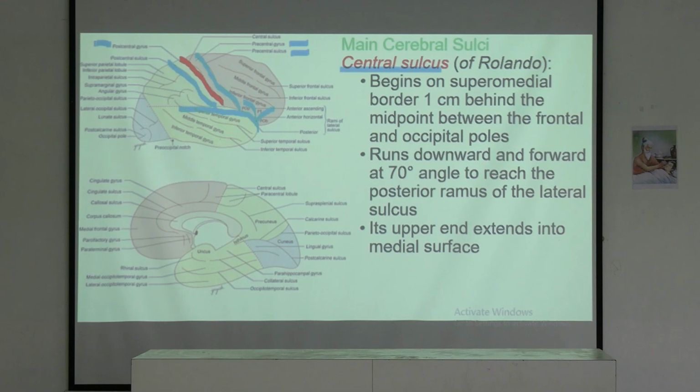Now this pre-central gyrus is related to the motor activity, and post-central gyrus is related to the general sensory activity.